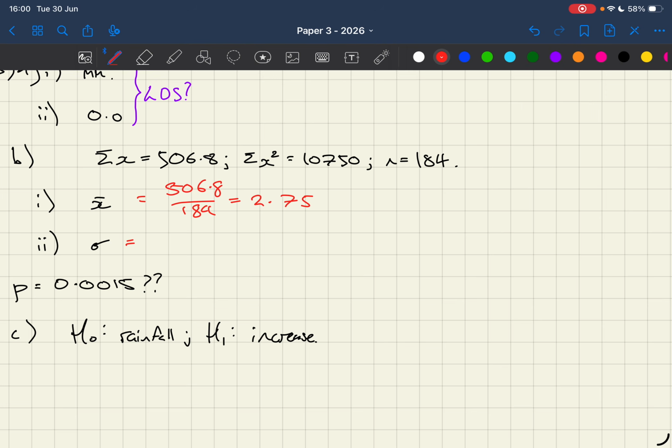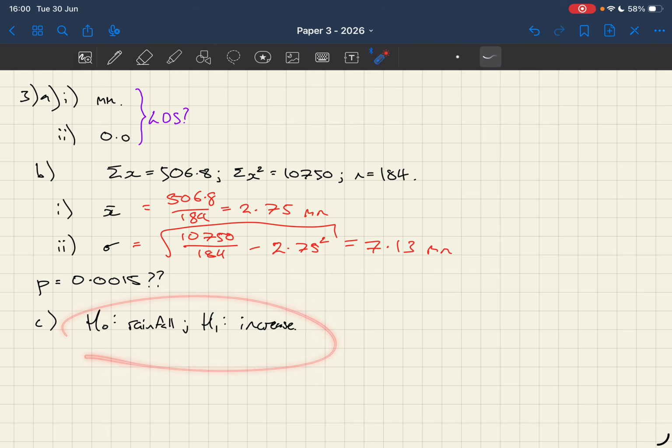For the standard deviation, we take the sum of the squares, 10750, divide it by how many there are, so 184, take away the mean we just found but squared, and then square root the whole thing. Put that in the calculator and you get 7.13. These are all in millimeters, so I would still write down the units if they don't give them to you.